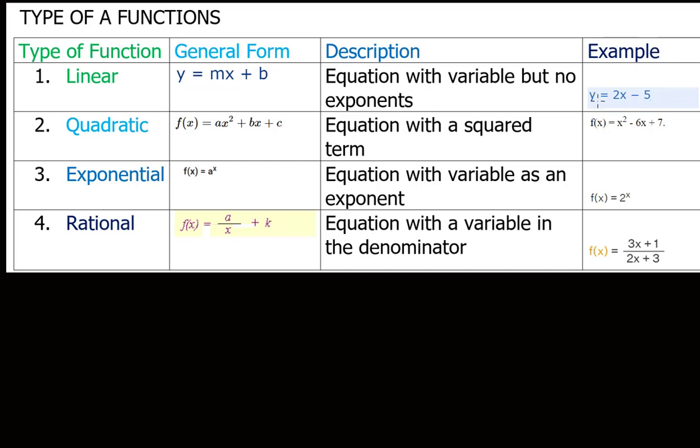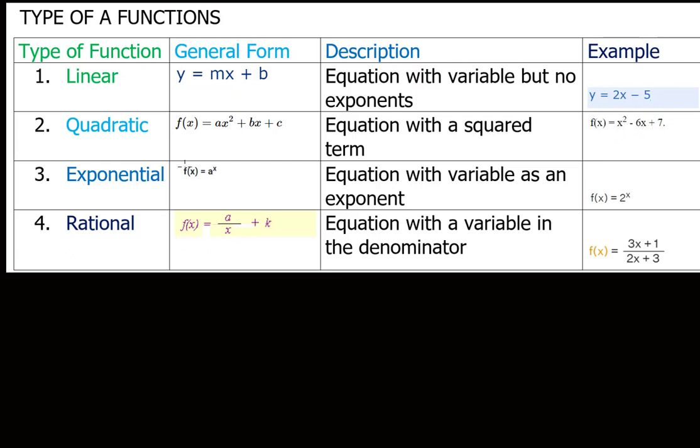An example is y equals 2x minus 5. A quadratic function has a general form, and the description is an equation with a squared term, because we will have x to the power 2. An example is f of x equals x squared minus 6x plus 7.